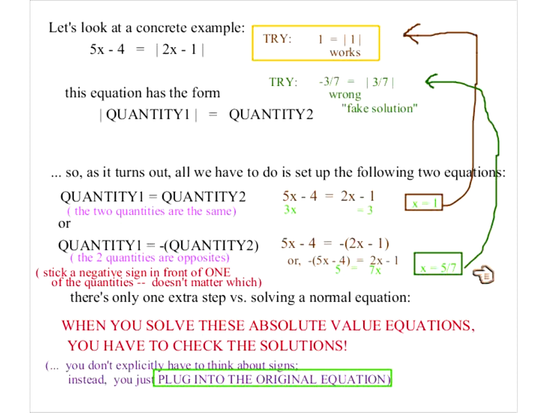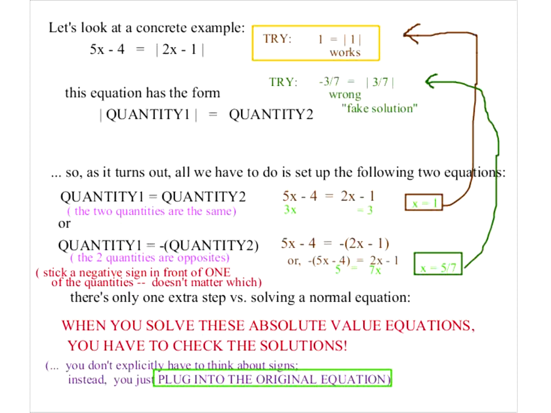A lot of people studying for this test very much like rules and patterns and stuff like that. And there are patterns to which things will solve the equation and which things won't, but they're not worth memorizing, because it's so simple to just plug back into the equation. So you're better off just solving these and plugging them back in.